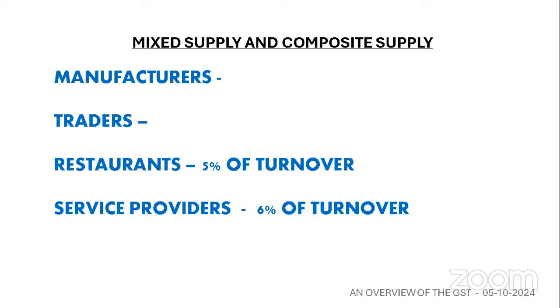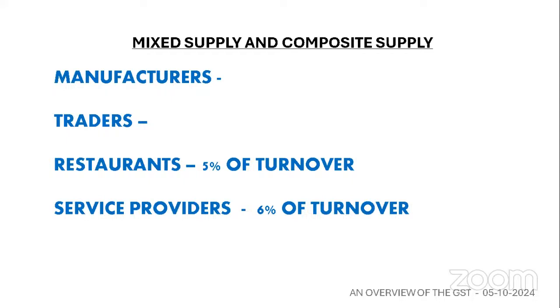All these three are naturally bundled. Whenever you say idli, it has to come with either chutney or sambar or both. It is called a composite supply. Whereas in the example I gave, in a bucket there is sugar, there is oil. This kind of mix is not naturally bundled. Therefore, it is called a mixed supply.